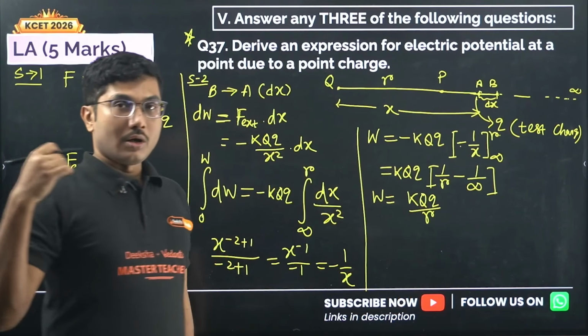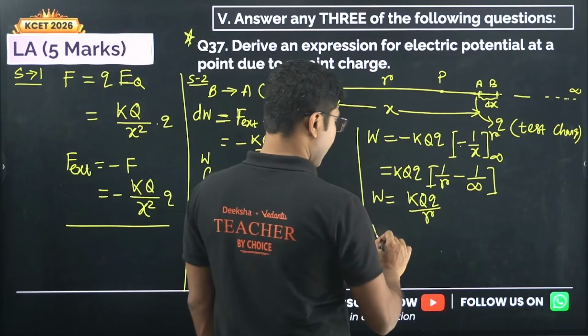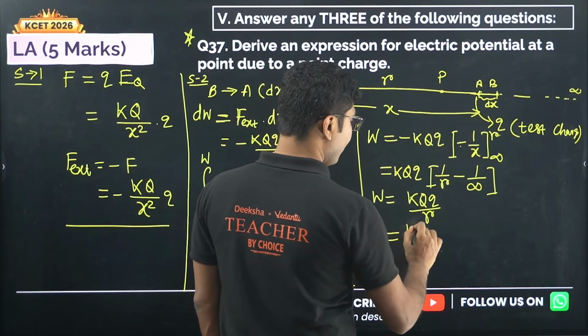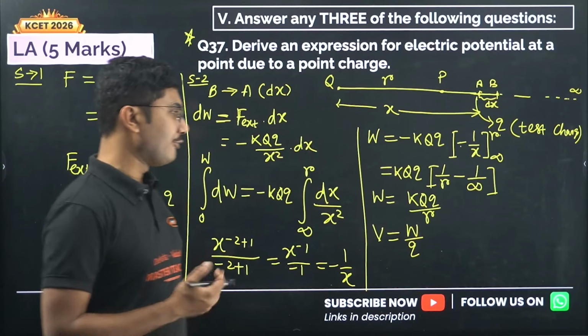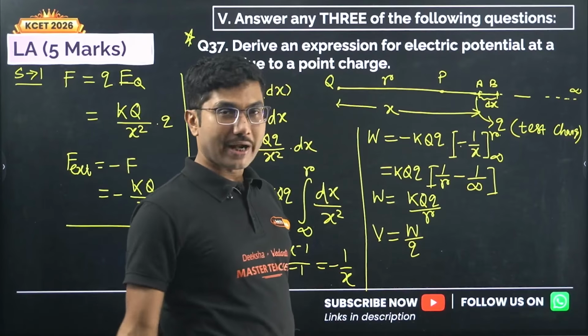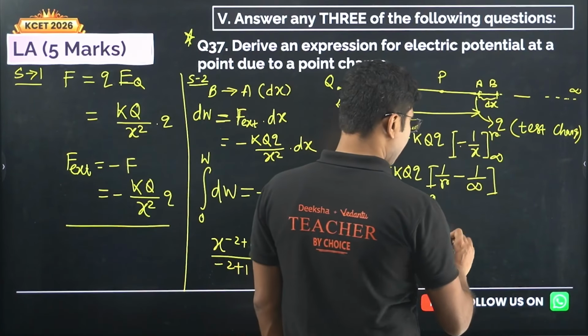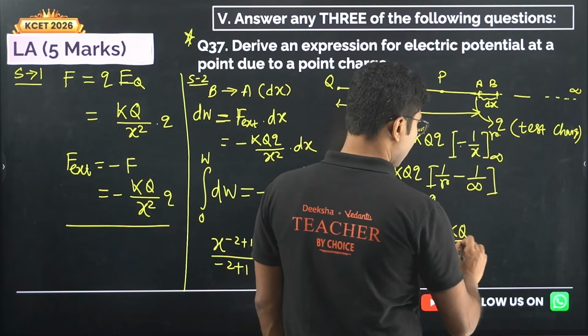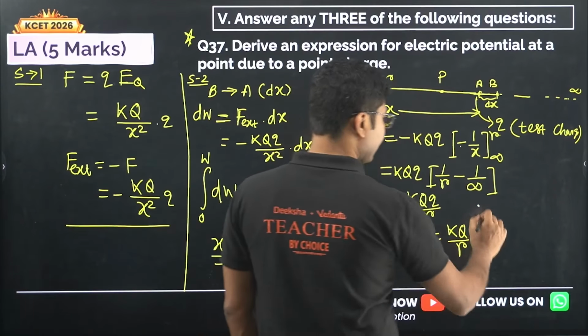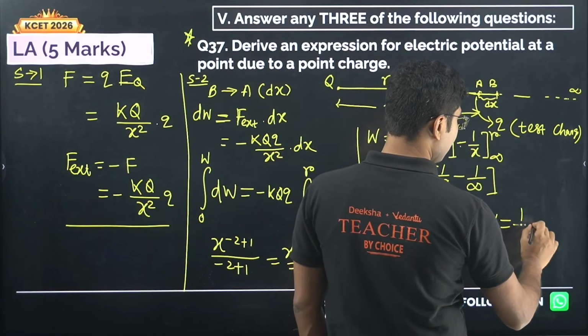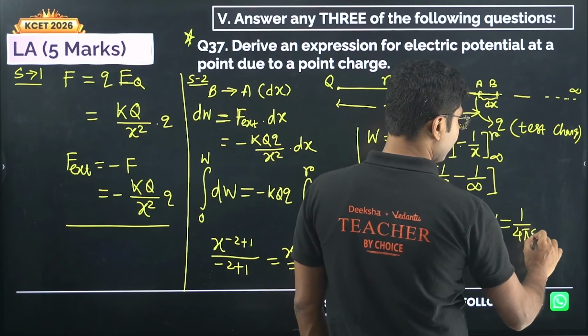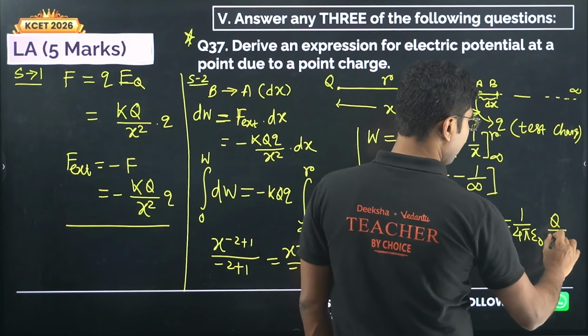Now, potential at a point is defined as the work done to bring a unit test positive charge from infinity to the point. So unit test positive charge means you have to divide by q. So you get KQ upon r. Now one step still remains: you have to put the value of K, that is 1 by 4 pi epsilon naught, Q upon r.